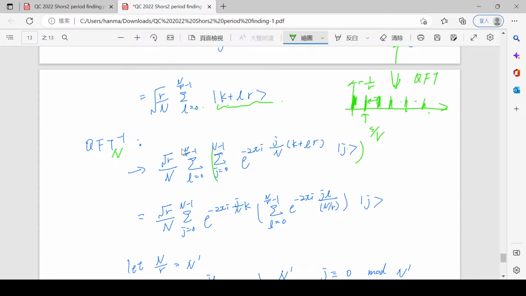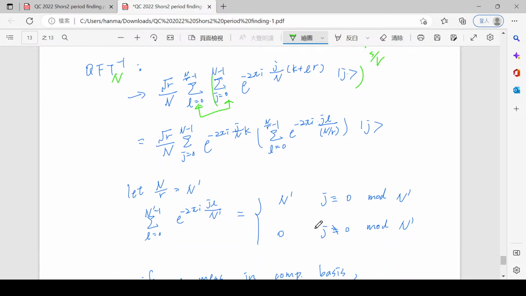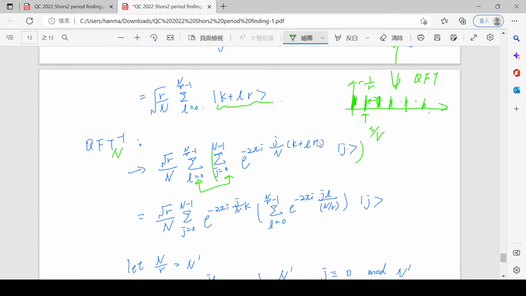So this part is just brute force math. We plug in the QFT minus 1 formula. Then we do the thing that you probably expected, that is switching the summation order. Then we look at what things actually depend on l. The only thing dependent on l is here, so we can take out all the non-l part. We have another e to the minus 2 pi i jk over n.